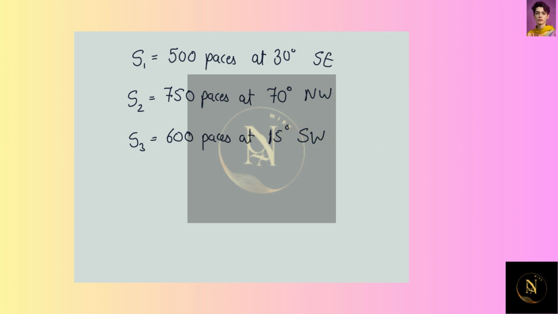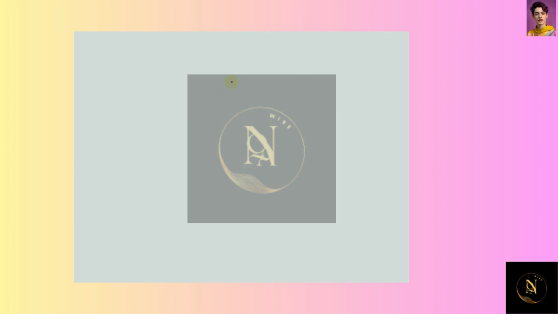So if we represent these three vectors graphically, they will look somewhat like this. The first one is S1, at an angle of 35 degrees.